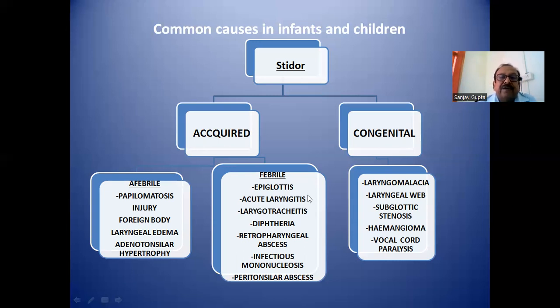In febrile causes: epiglottitis, acute laryngitis, laryngotracheitis, diphtheria, retropharyngeal abscess, infectious mononucleosis, and peritonsillar abscess. The congenital causes in infants and children are laryngomalacia, laryngeal web, subglottic stenosis, hemangioma, vocal cord paralysis.